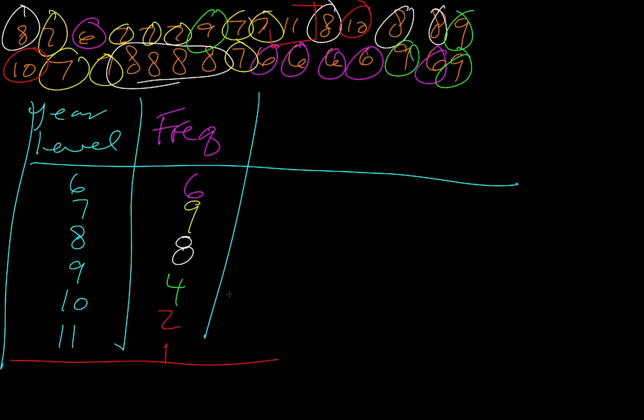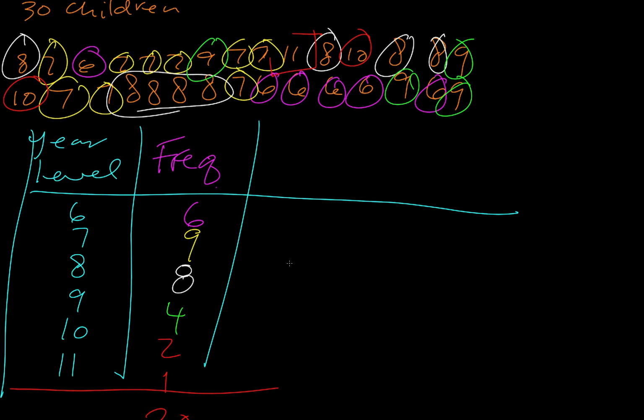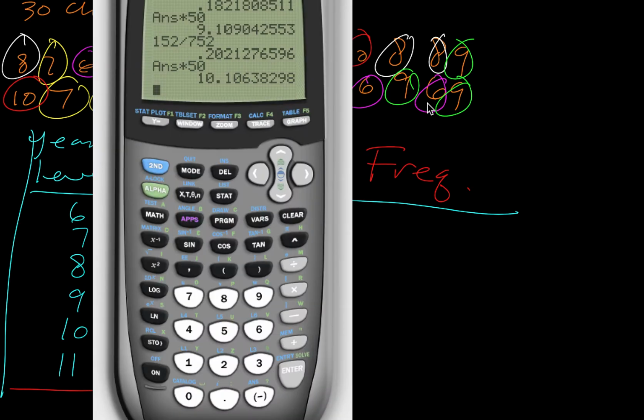As a double check, we want to make sure this adds up to our total, which is 30. So if we plug that into a calculator, we'll see that that's 30. Now, relative frequency. What we do with that is we just figure out what percentage of the total it is. So we're going to do like 6 over 30. Go to our calculator.